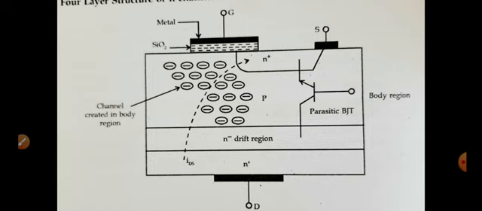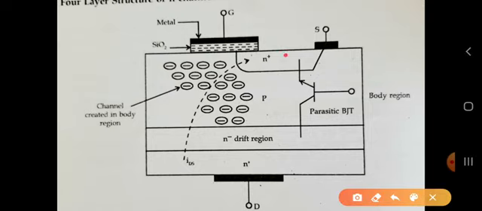So this is the 4-layer structure of the N channel enhancement type MOSFET. You are observing the 4 layers, I will show you. The first one is the N plus layer, this is the P layer, again the N minus layer, and the last one is N plus.